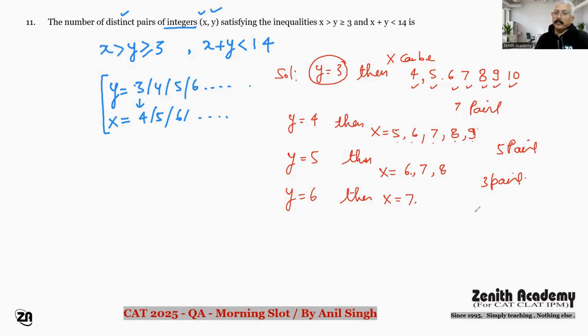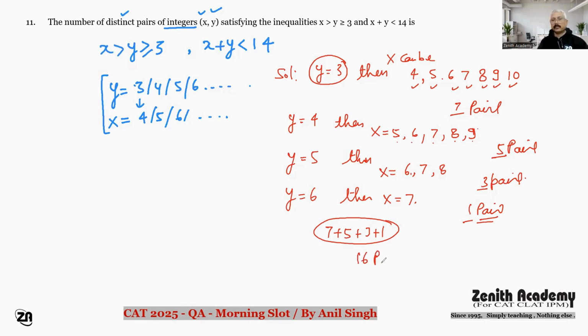So this way, the total number of pairs is 7 plus 5 plus 3 plus 1, which is 12, 15, 16 pairs. It is our answer. The number of distinct pairs of integers, answer is 16.